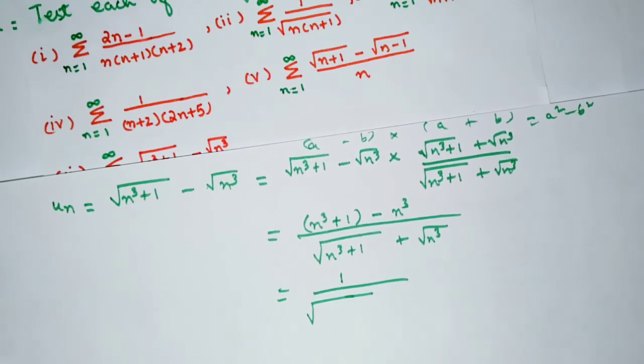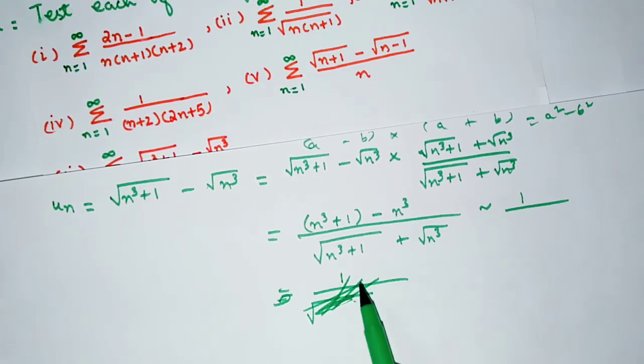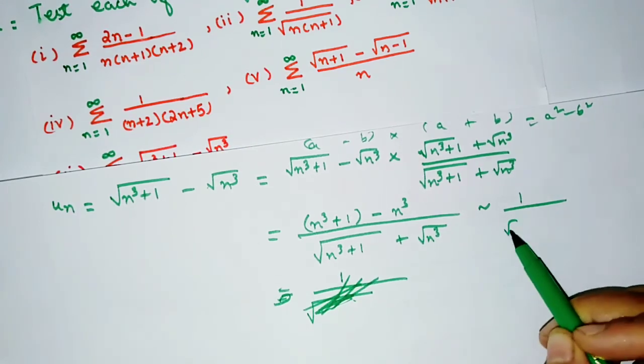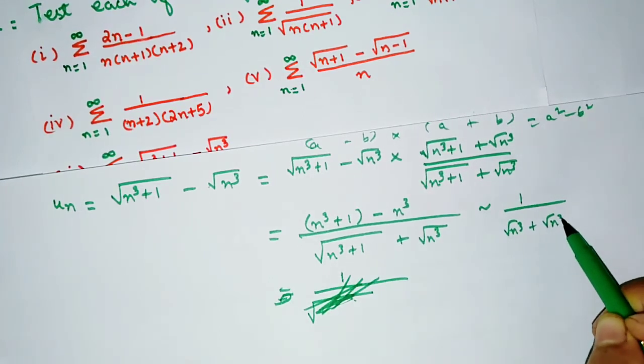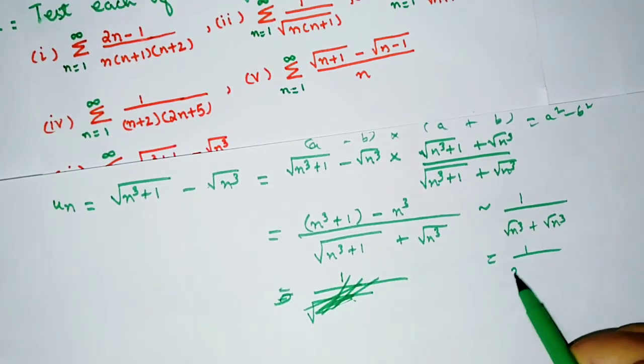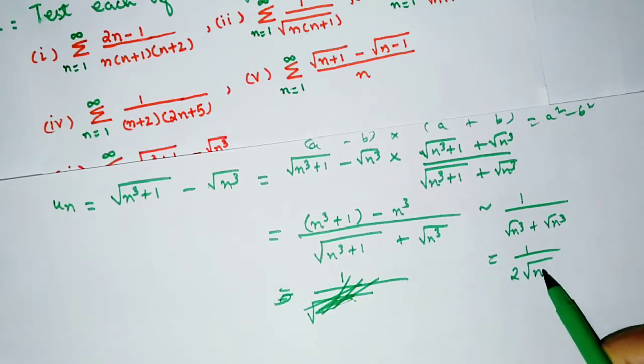And then we have, let's take common by n cubed. Here we don't need to take common because we need Vn, and this one is nearly the same as 2, n cubed plus n cubed, which is 2 root n cubed.